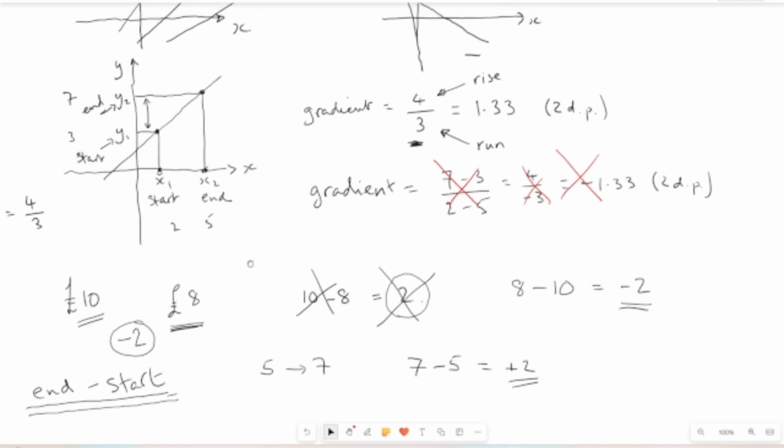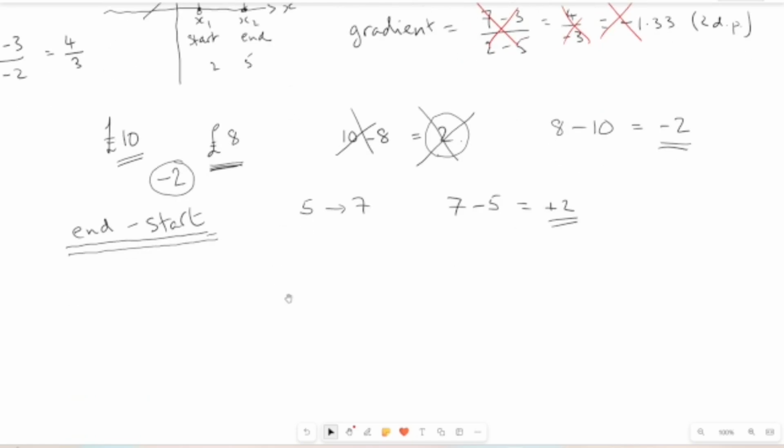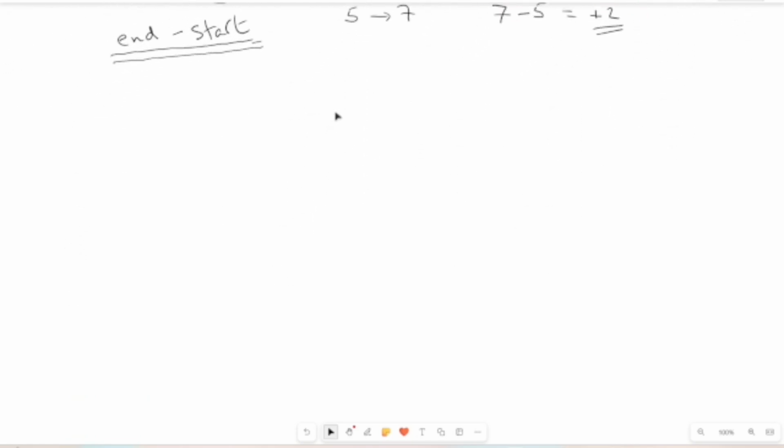So if you do that, it will always sort it out correctly for you, even in cases, and this does come up in practice, where, let's make it really, really tricky. Let's do this line here. Now, I did say if it goes down as you go to the right, it's a negative gradient.